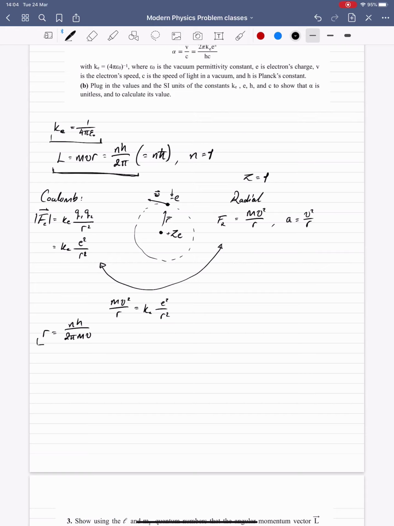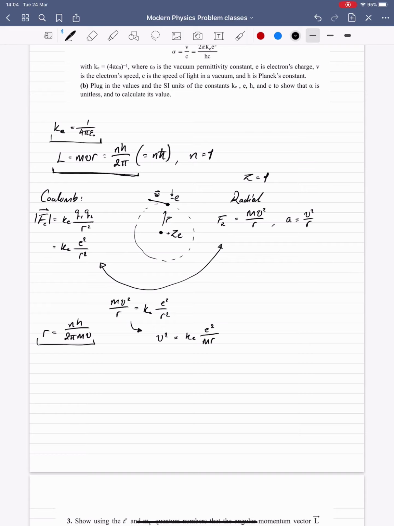So we have this equation. And then down here, I'm going to solve this equation for v squared. So I have v squared on the left-hand side, multiply by r divided by m. So on the right-hand side, we get ke e squared still, divided by mr, like so.